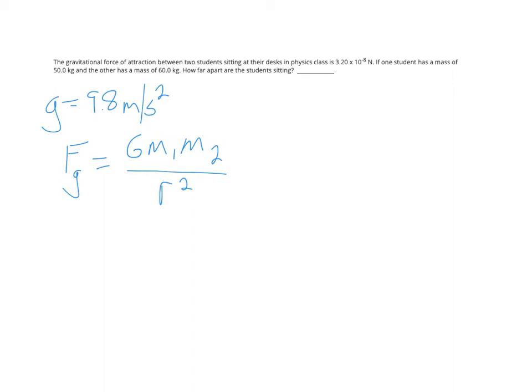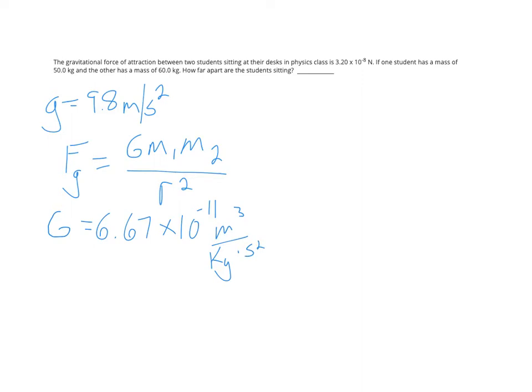So I'm going to give you some constants. First off, the gravitational force constant is 6.67 times 10 to the negative 11 meters cubed over kilograms times seconds squared.